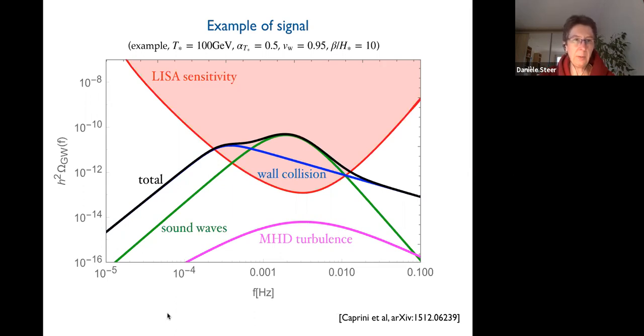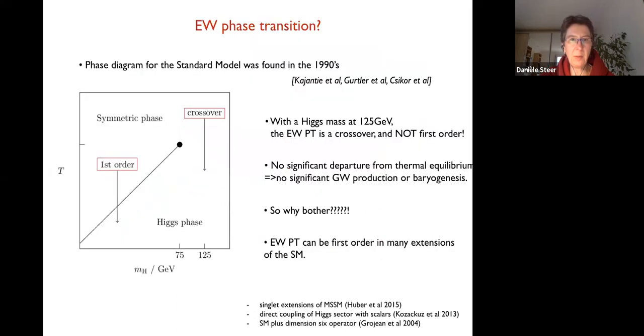Now, I guess the more particle physics people amongst you would say, but the electroweak phase transition you're talking about is probably not first order, and that's true. In the standard model of particle physics, the phase diagram was calculated by Kajantie and other people in the 90s.